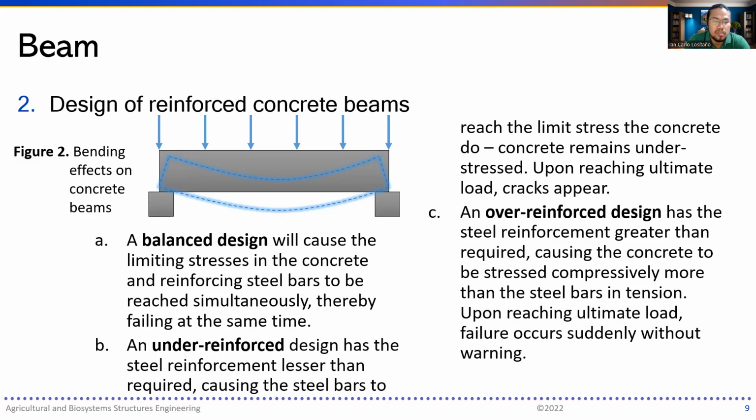An under-reinforced design has the steel reinforcement lesser than required, causing the steel bars to reach the limit stress before the concrete does. Concrete remains under stress, and upon reaching the ultimate load, cracks appear.